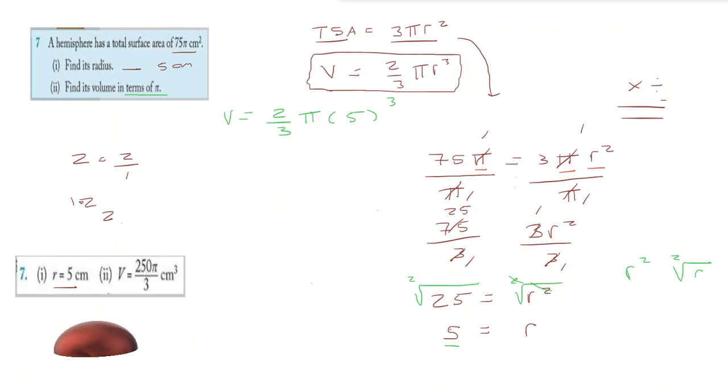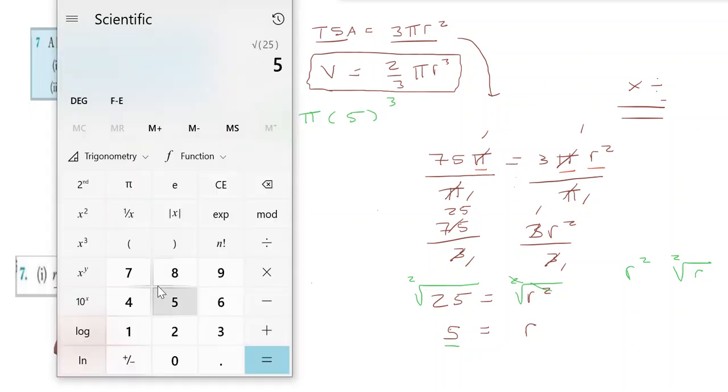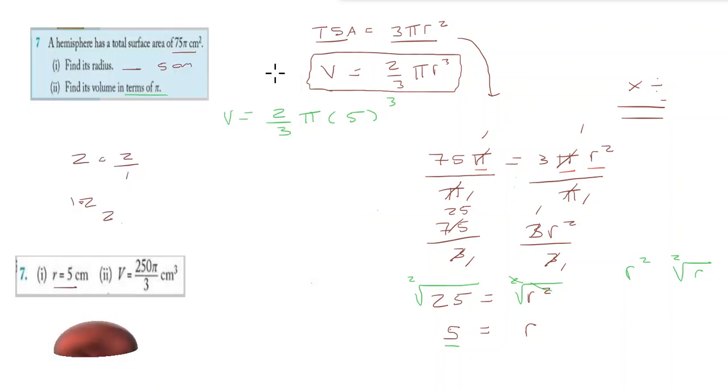So let's work this out. 5 cubed is just 5 by 5 by 5, so 5 cubed is 125. So this is going to be pi times 125, and 2 over 3 is equal to the volume.